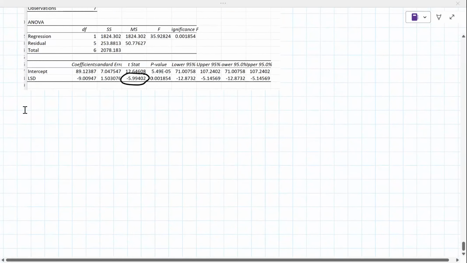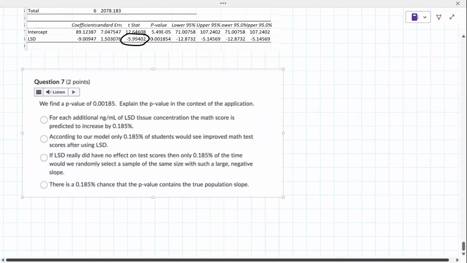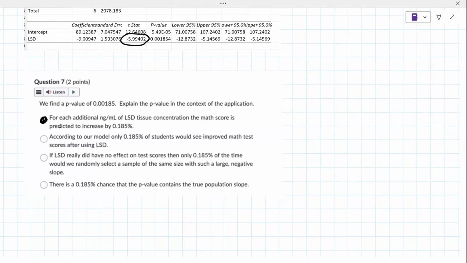The p-value is pretty small, 0.00185. That means the model is significant, and so there are a few answers we can get rid of. This is the one we're mostly looking for here, if it's significant.